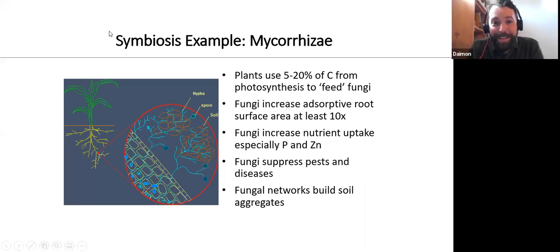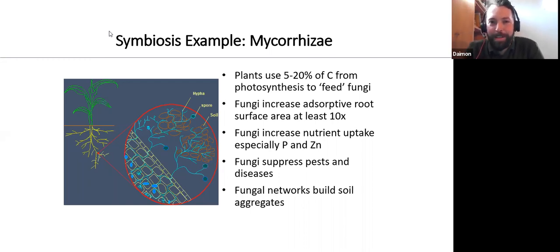So this is just one example with mycorrhiza fungi and their relation to plant roots. Not all plants have a symbiosis with mycorrhiza, but a good majority of them do. What actually happens, and this is really cool, I first learned about this a few years ago, and I think we're all still learning, there's so much to learn about the soil ecosystem.